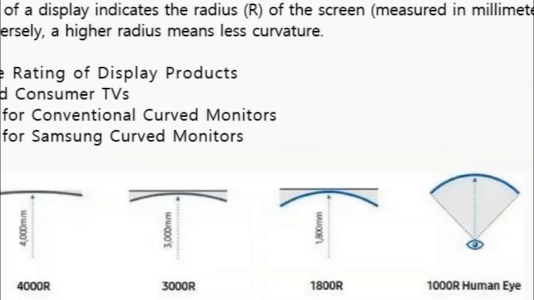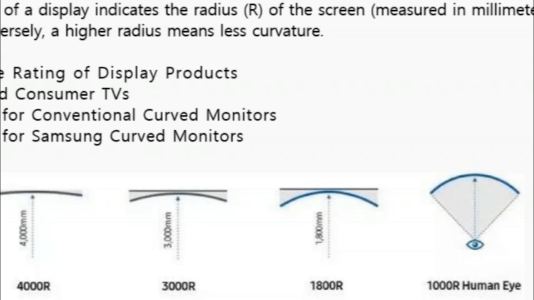So, and we have a curved display for Samsung LCD. So for Samsung curve, lower is much better. So for the standard curvature rating of display products, we have 4,200R for curved consumer TVs. So 4,200R lang po ang mga meron sa consumer TVs natin.